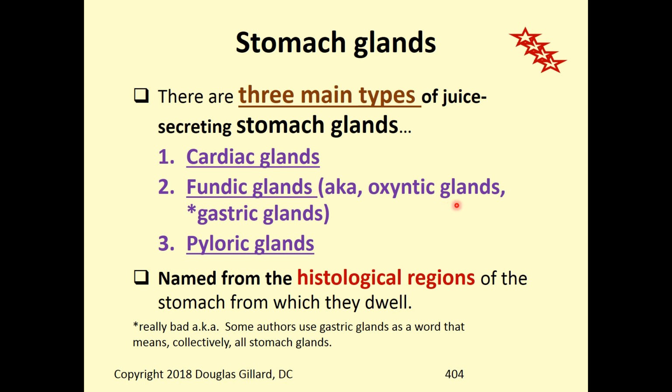The oxyntic glands, or fundic glands, are in the region that includes the fundus of the stomach as well as the body of the stomach. Pyloric glands match anatomically, because they are only located in the antral region, aka the pyloric antrum of the stomach.